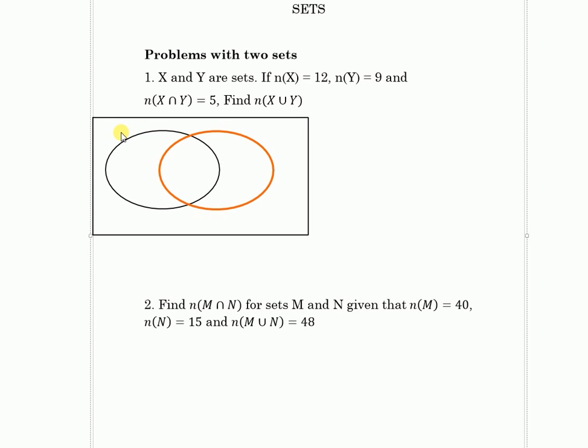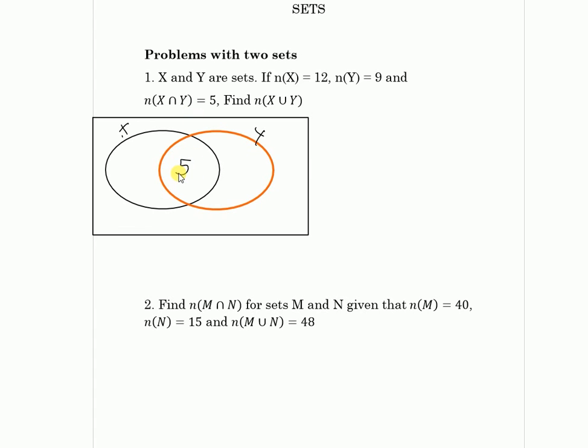Let me first label this. This one is set x, and I call this one set y, such that now everything in the black is 12. Now the intersection, we have 5 existing in both, so I have 5 there.